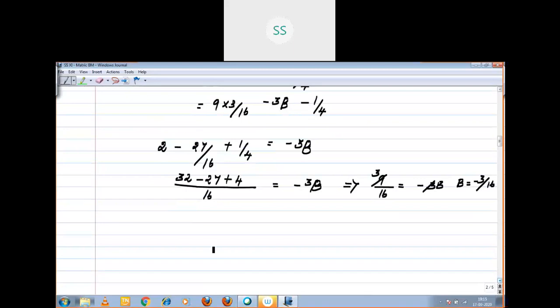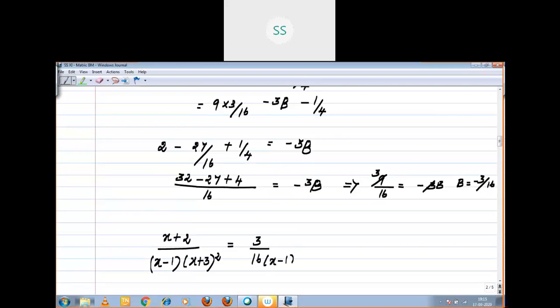How I am going to write in this end? X plus 2 divided by x minus 1 into x plus 3 the whole square equal to a value, what I arrived, 3 by 16 into x minus 1. Sorry, it should be in the denominator.